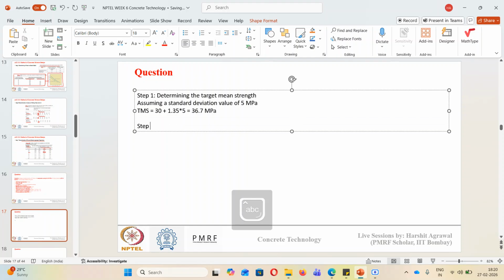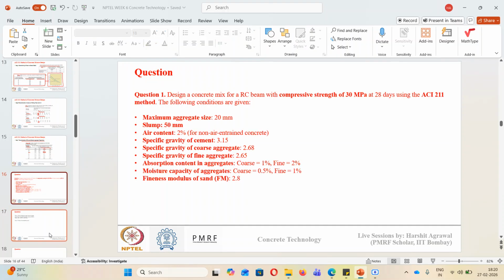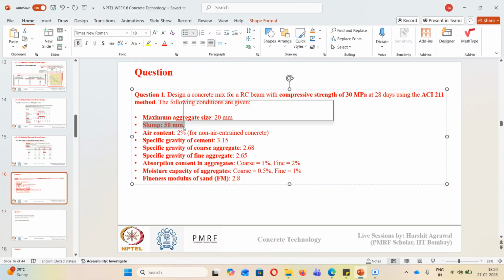Now, step 2 is choice of workability level. In the question, we are preparing a reinforced concrete beam, and the slump is already given to us as 50 mm.